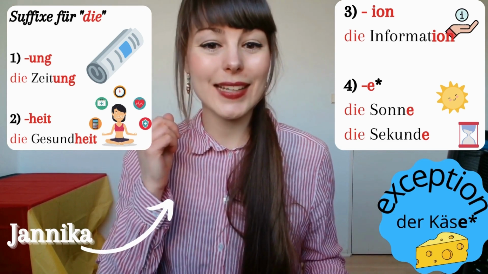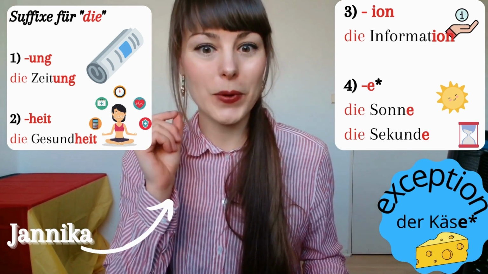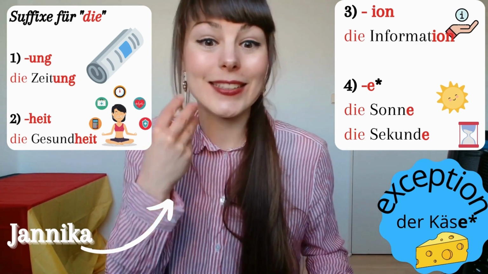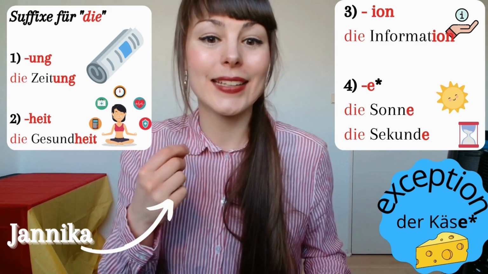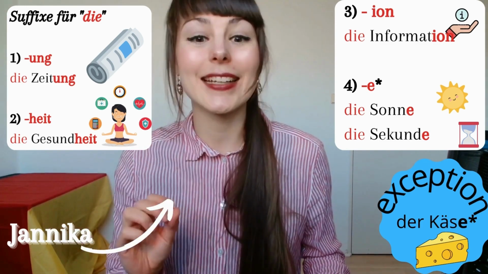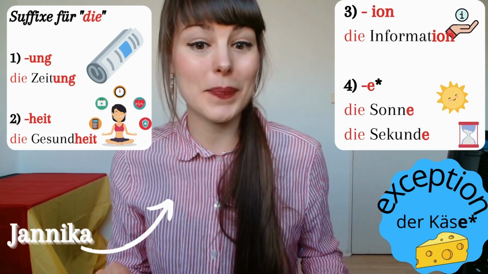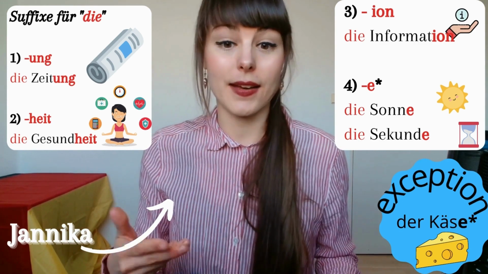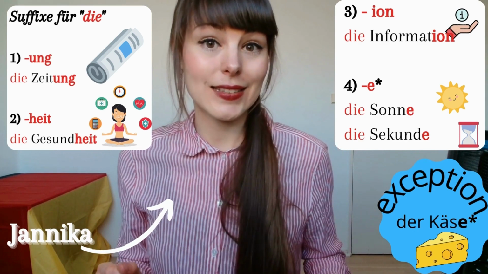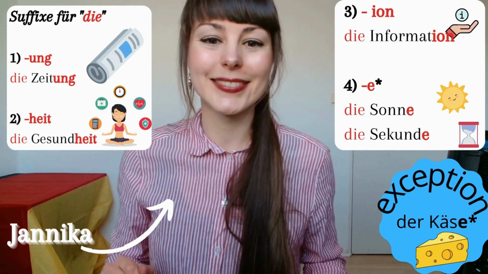And please take care of the pronunciation, because many English speakers pronounce it in an English way and say die Information. That's not it, it's die Information. Another example: die Reaktion, the reaction.